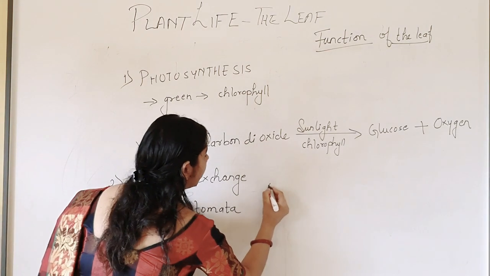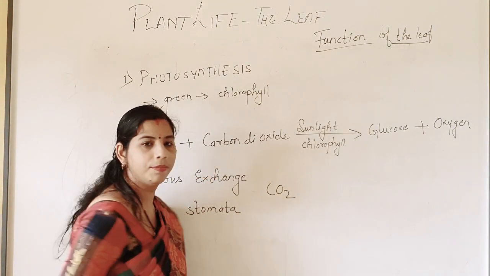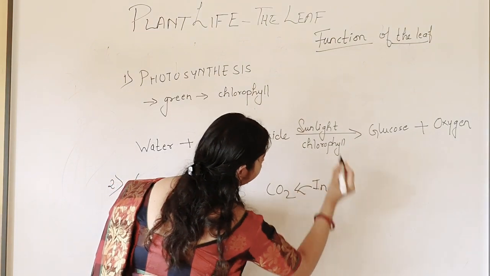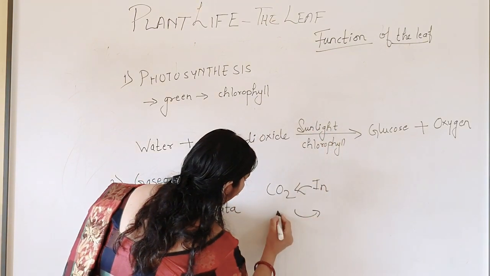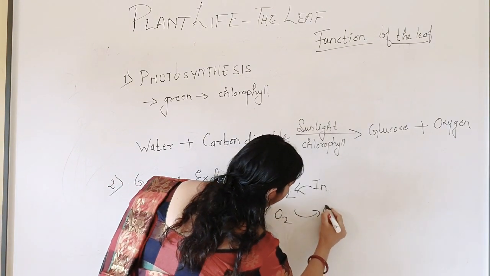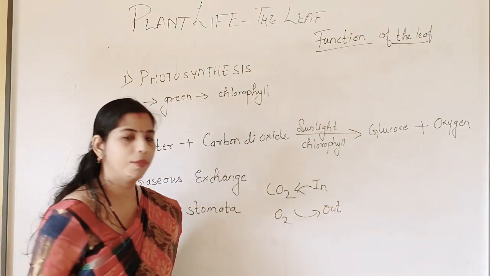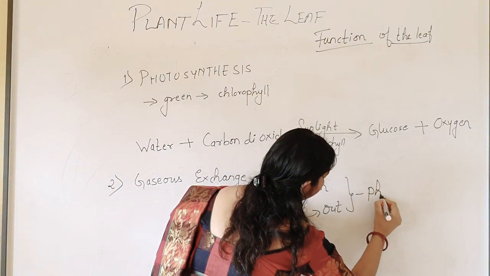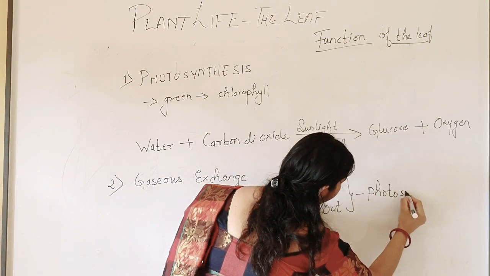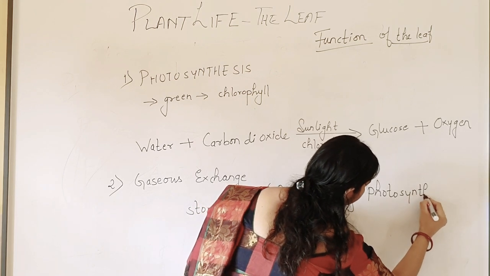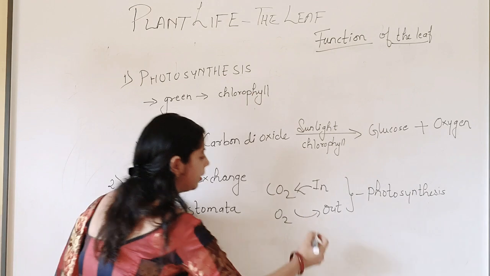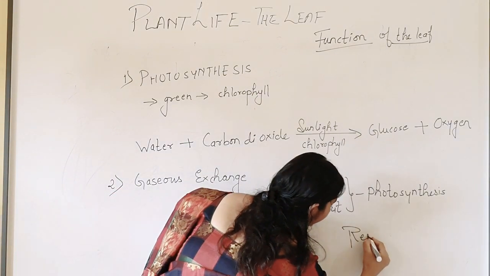The carbon dioxide comes in and oxygen moves out during the process of photosynthesis. And it also helps in respiration.